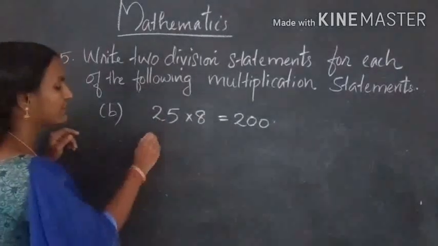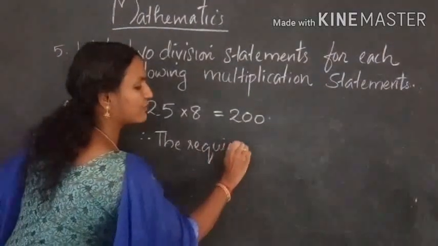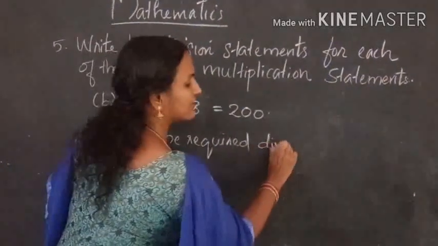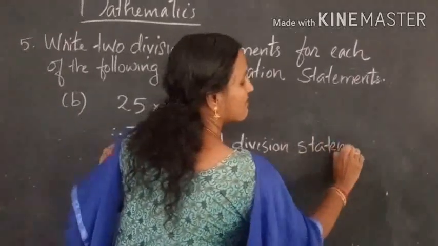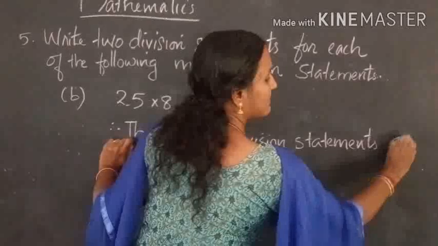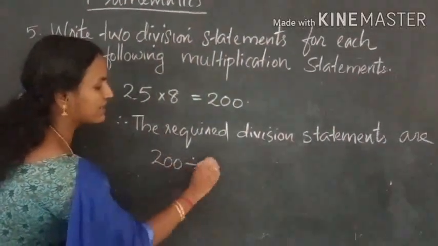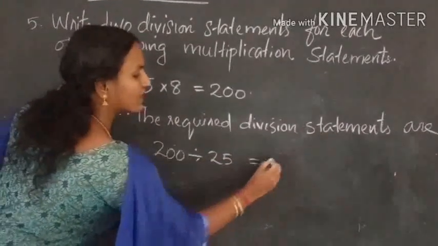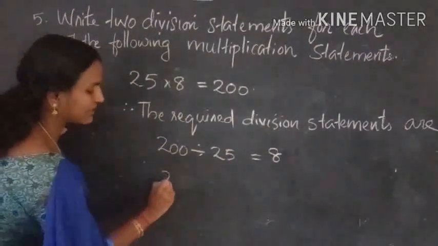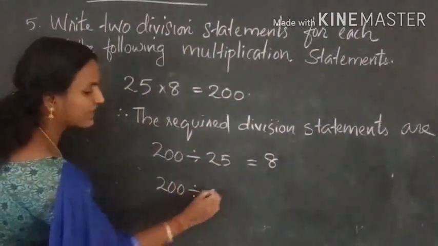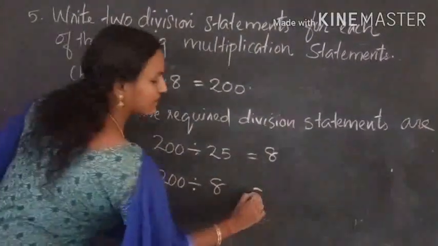Therefore the required division statements are 200 divided by 25 is equal to 8, then 200 divided by 8 is equal to 25.